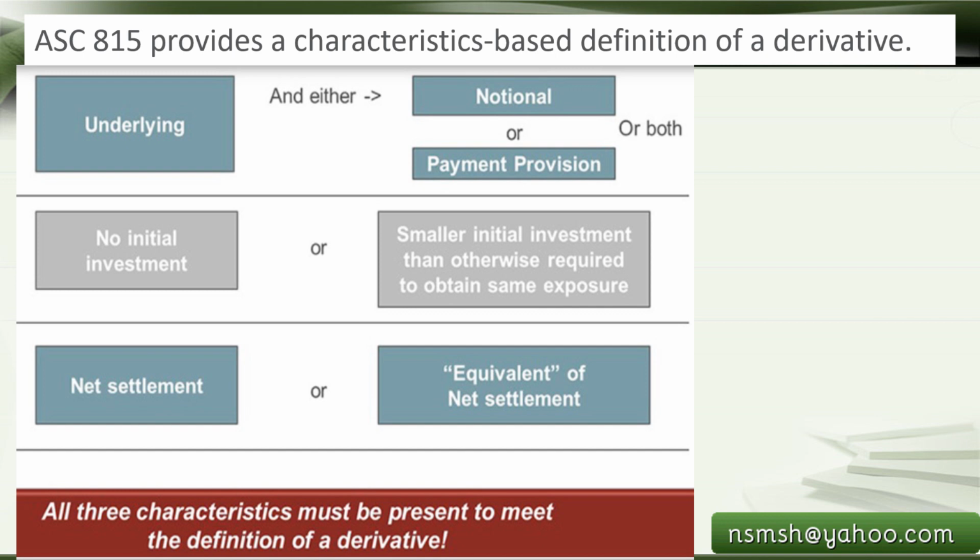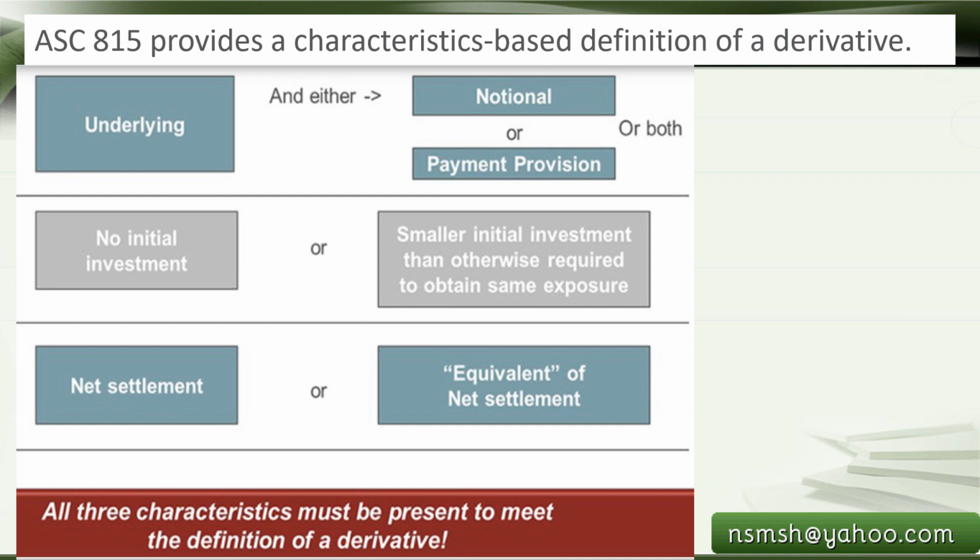All three characteristics must be present to meet the definition of a derivative according to the Accounting Standards Codification under Topic 815. The underlying asset can have a notional amount or payment provision, or both.